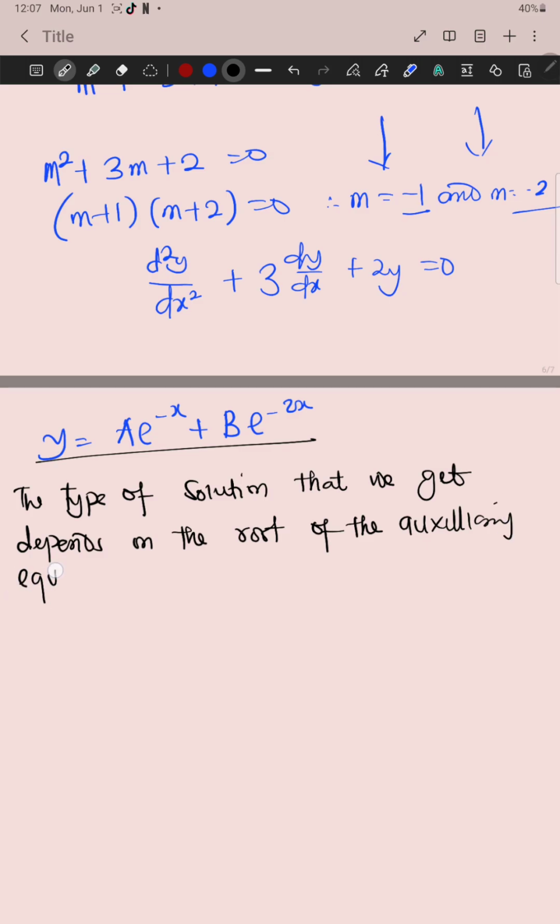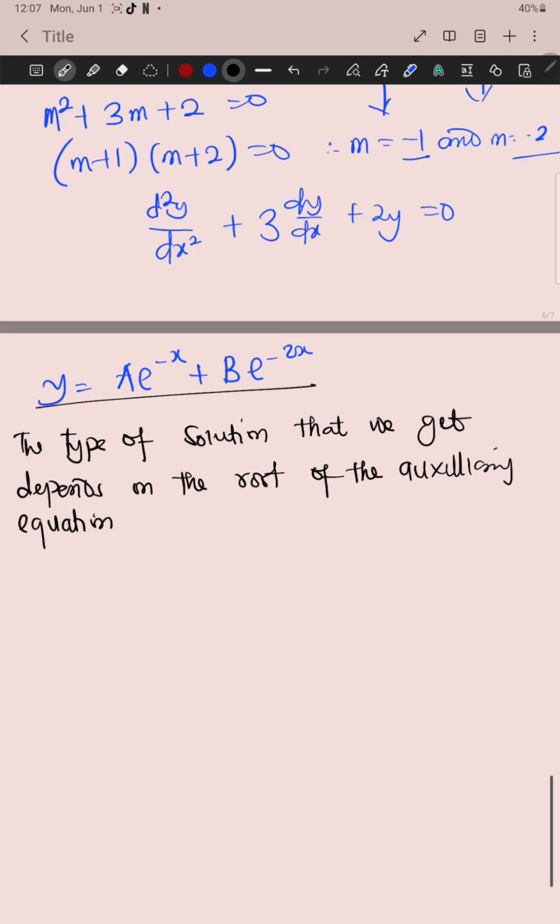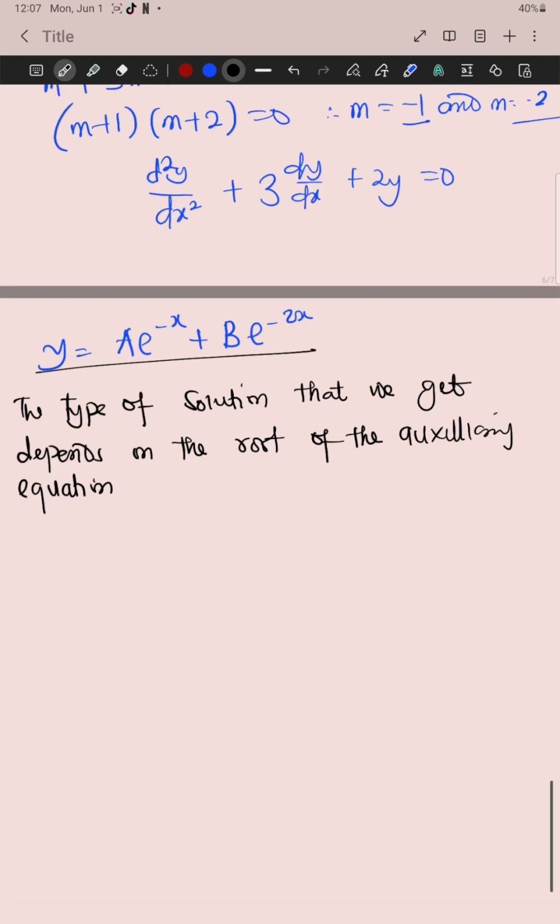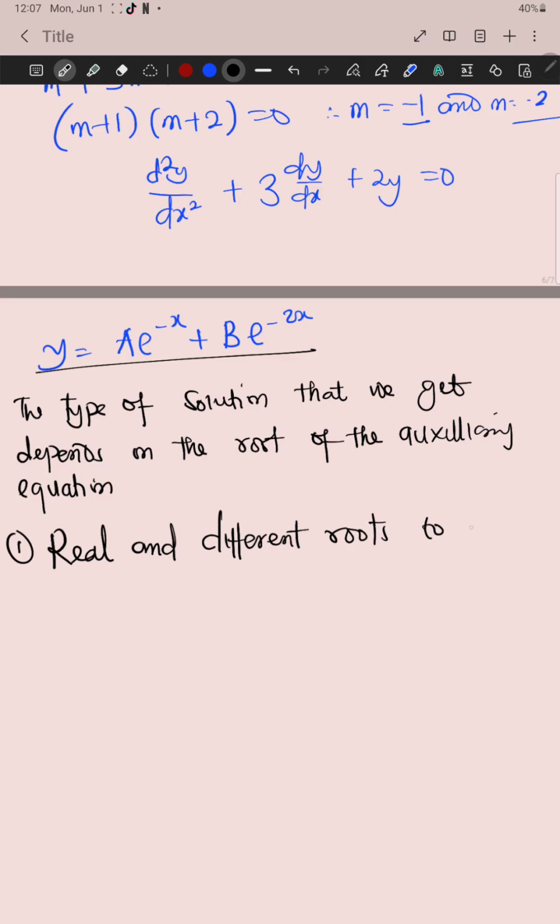These are things that other videos will not tell you. What do I mean? For example, number 1, the first class that we have: real and different roots to the auxiliary equation.